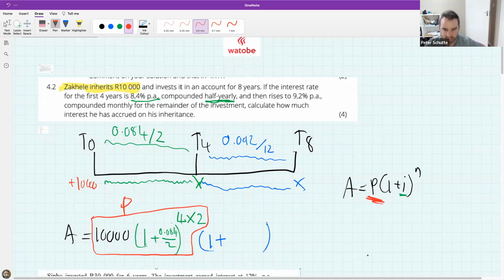It's kind of like it's being that. And now I'm growing it for 4 more years. But the tricky thing is, in the second part, the interest rate is per month. So I need this bit up here to be in months. What should be in the blue square?